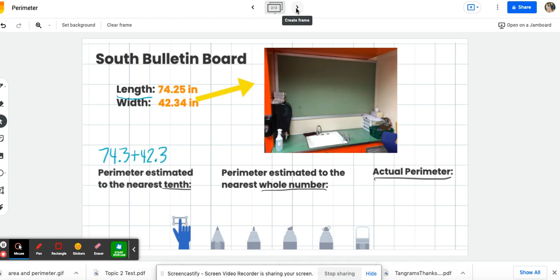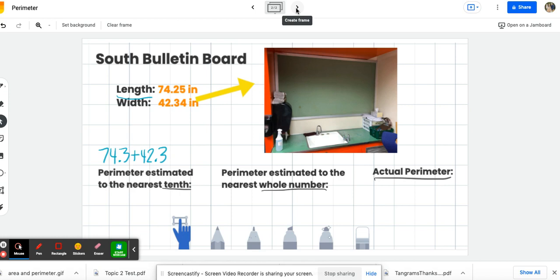So I can either take this entire thing and multiply it by 2, like that. I can take each individual number, so I can take 74.3 and multiply that by 2, plus 42 and 3/10 times 2. Or I can just add those two numbers again.